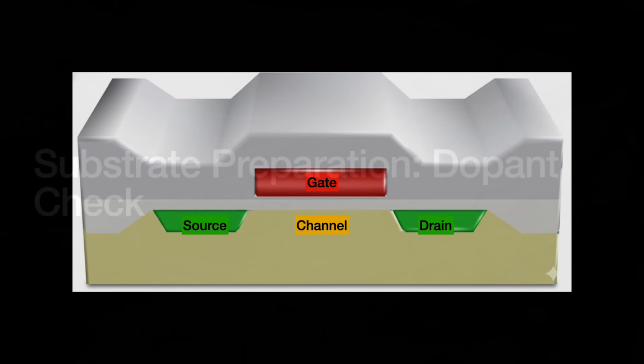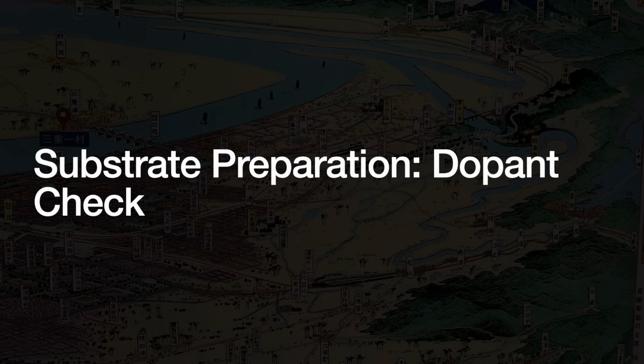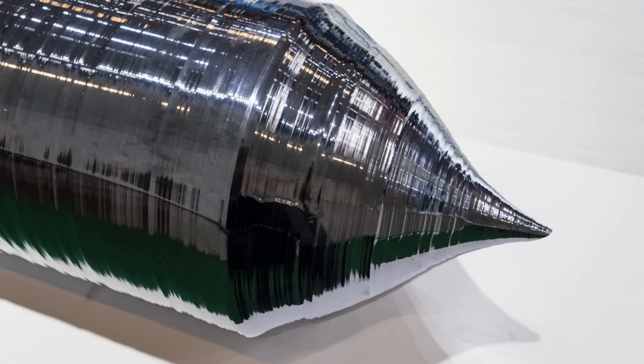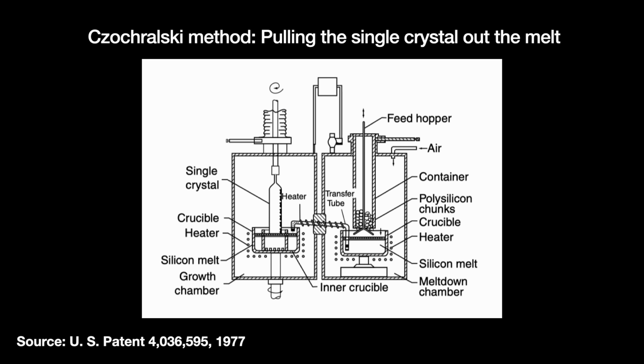We must first check the substrate, as in the silicon wafer, after it arrives from the vendor, and this check has three parts, each for a different thing. To start, we evaluate the concentration of dopants in the silicon. Wafers are made from slices of crystals literally quote-unquote pulled out of a hot silicon melt. Yes, the famous Czochralski method. During this pulling process, small impurities like carbon, oxygen, and metals can get into and contaminate the melt.